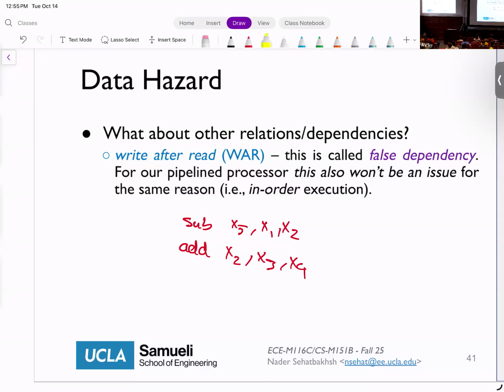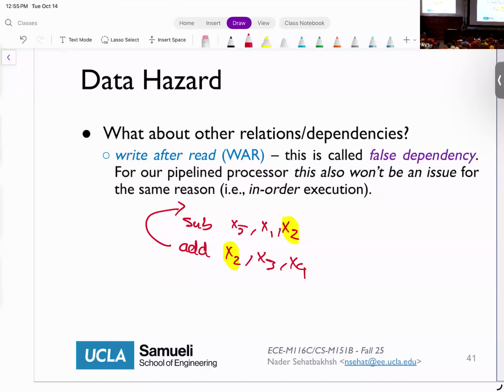As you can see, I'm reading x2 and writing to x2 afterwards. Again, as long as I'm doing this in the order of the program, nothing bad happens. If I move the order and run this before this, then this will become a problem. And again, for an in-order processor, this is not a problem. That's why we call it false dependence.